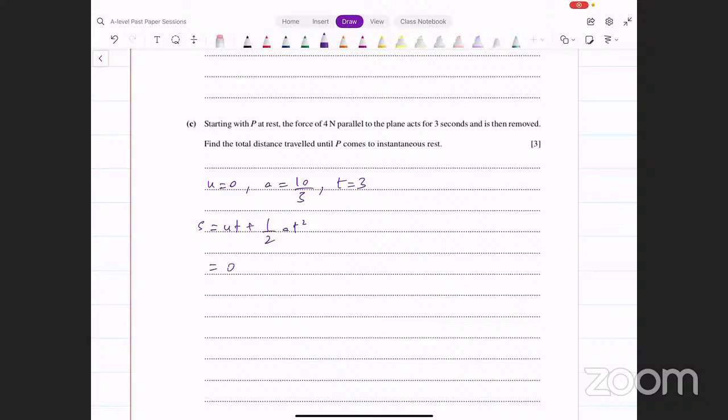U is 0, so that's going to become 0 into 3, that's 0, plus half into 10/3 into 3 squared. This is part 1 of the distance traveled. एक part आ गया उसका आपके पास 10/6 into 9. That's 90/9. No, 90/6.